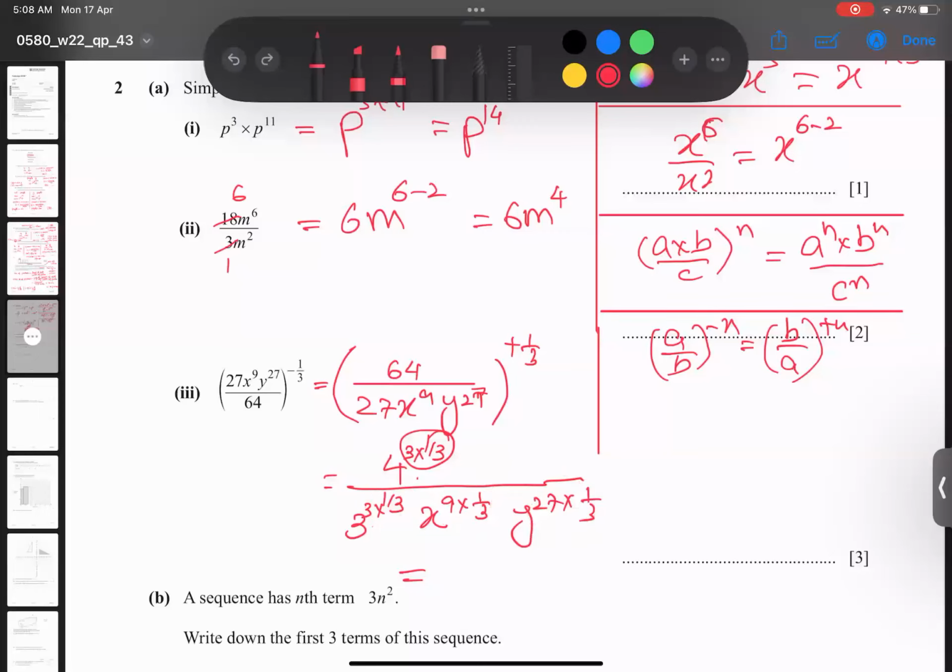So all the powers cancel. And finally, the answer is coming 4 over 3. The 3 threes are cancelled, 3 left behind. x to power 3. 3 nines are 27, so y to power 9. So Alhamdulillah, this is our final answer. I hope this part is very clear.